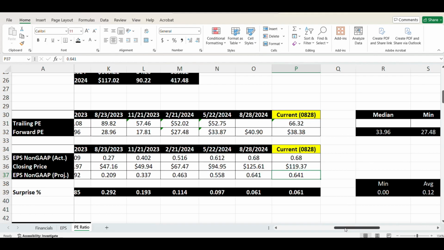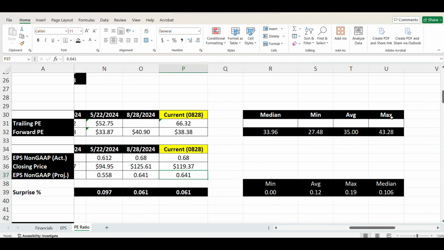And I also updated the median, min, average, and the maximum forward PE, including the latest quarter numbers in this table. You see here? And also I have the earnings surprise percentage for the last 13 quarters, including the latest quarter, and that is here.